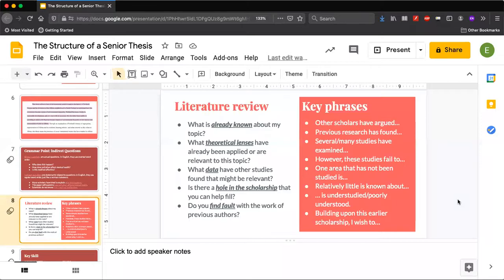You're not just talking about what you have read. You're also noticing patterns. Maybe that will help you group your sources as well. And you're thinking, what have other people not done, right?